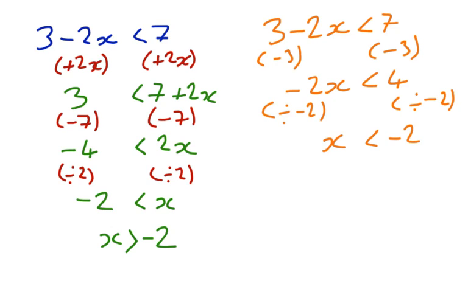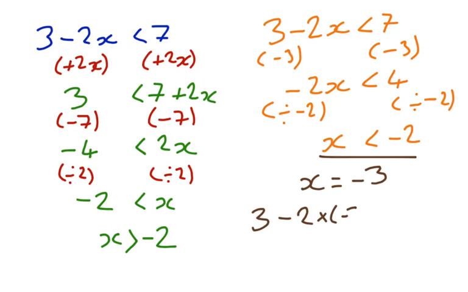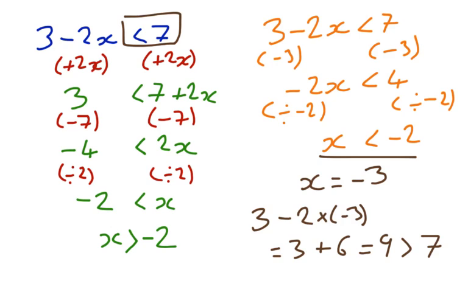Clearly, one of them has to be wrong. So let's pick an answer to try. We're going to try a number less than minus 2. So if we pick x is equal to, let's try minus 3. Then we would get 3 minus 2 times minus 3, which is equal to 3 plus 6, which is equal to 9, which is bigger than 7, but we need it to be less than 7.